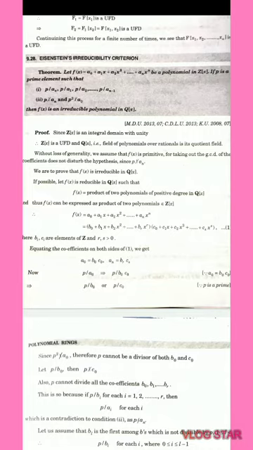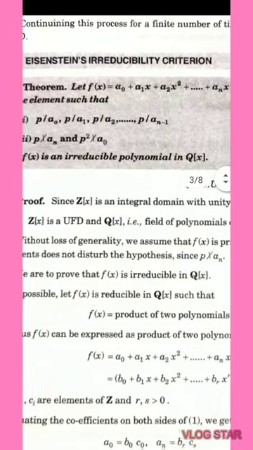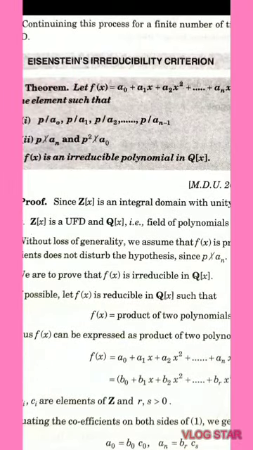If p is a prime element such that p divides a0, p divides a1, p divides a2, and so on, p divides a(n-1), meaning p divides all the coefficients except an, and p does not divide an, but p² also does not divide a0, then f(x) is an irreducible polynomial in Q[x].